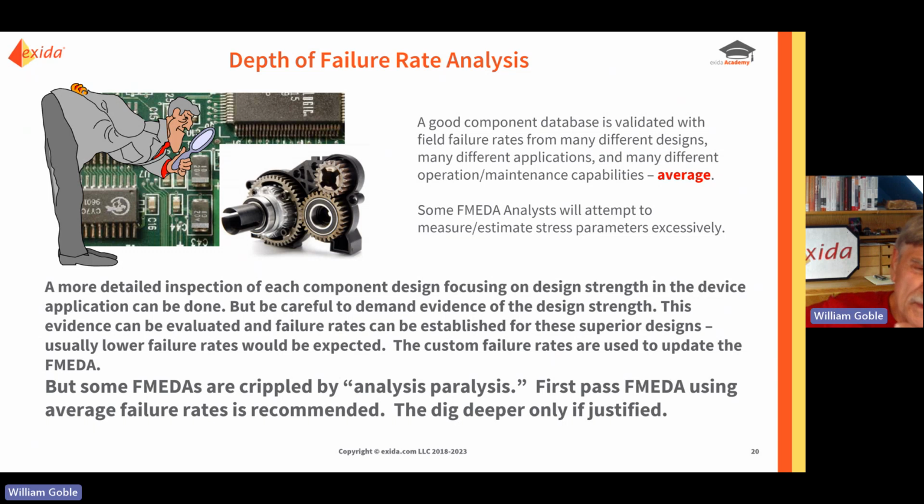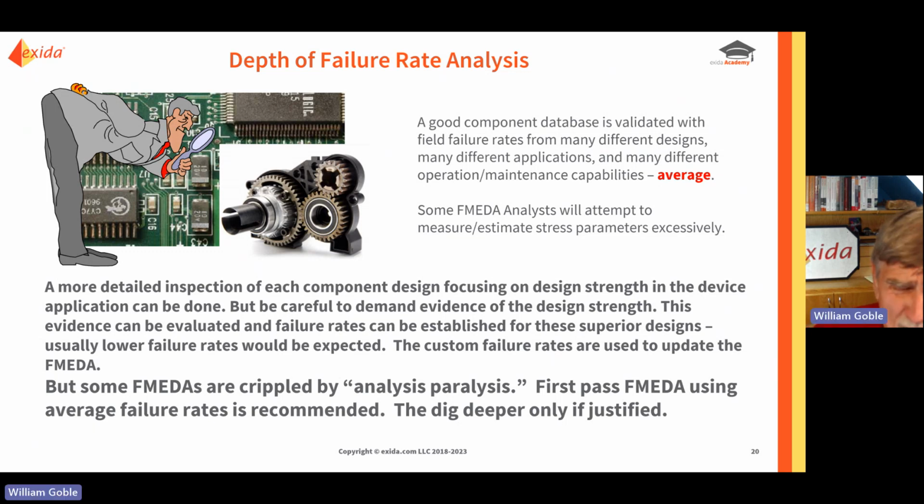But if you wonder, is this good enough? What if you think your design is much better than average? Well, you can dig in and you can do a lot of measurements, and you can attempt to use stress strength models to justify a lower failure rate. It can be done.